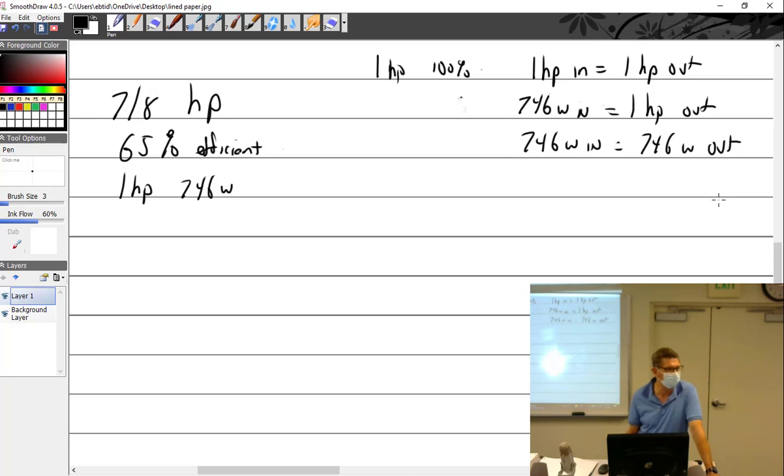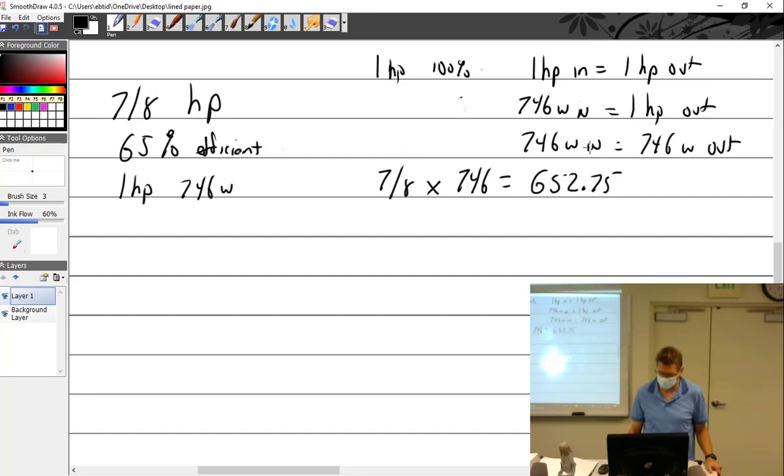Do you follow that? Okay. But we're not dealing with 1 horsepower. We have a 7/8 horsepower. So what is 7/8 horsepower? That's 7/8 times 746, which equals 652.75 watts. Okay. That's great. So that's the output.